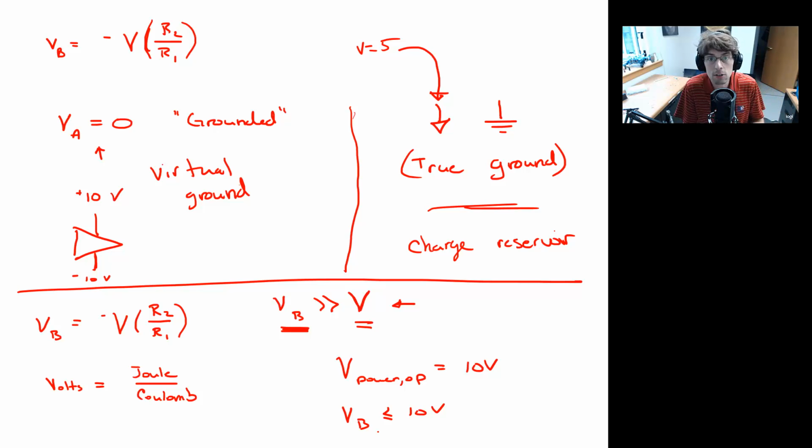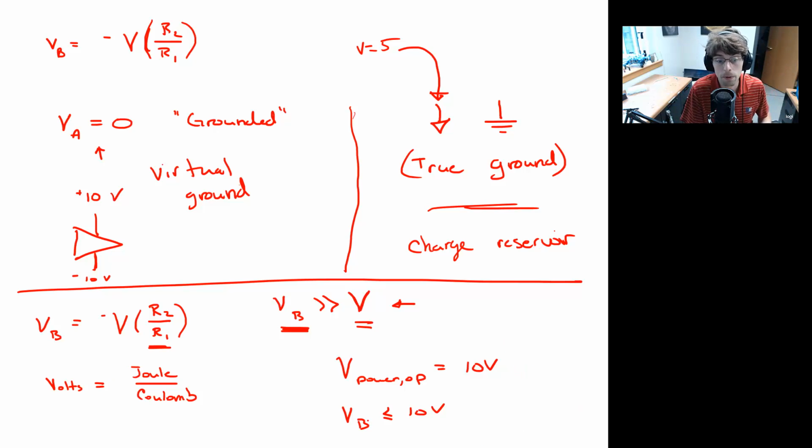When you're designing a circuit, when you're playing around with the circuits, bear in mind that the operational amplifier can increase the output potential based on your choice of R1 and R2. But there's a physical limit. There's a limit to how much potential it can produce.